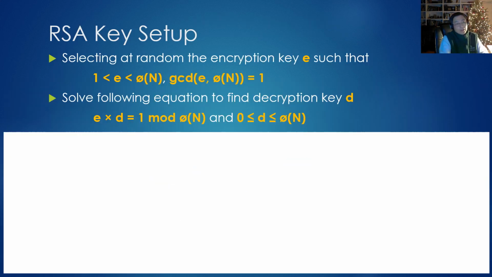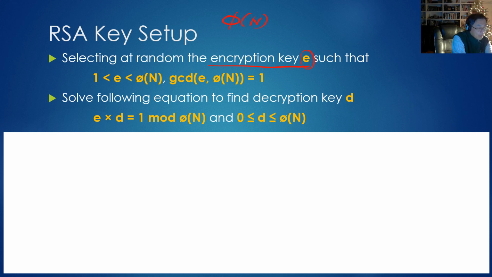So let's go back to the RSA key setup. Remember, as part of the RSA key setup, we need to first find the Euler totient function of n, that's phi of n. And then we randomly select the encryption key, E. E could be the public key or the private key, it's up to you.